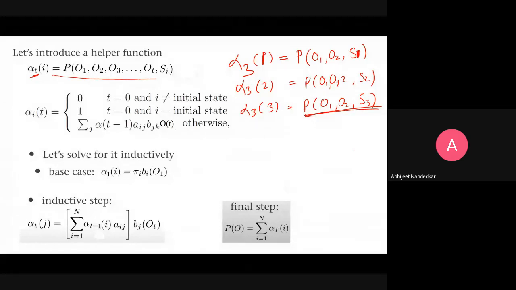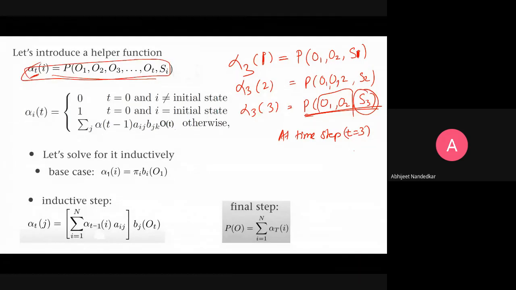At time step T equal to 3, what is the probability that I stand at state S3 and have seen these symbols O1, O2. This is the calculation of alpha.